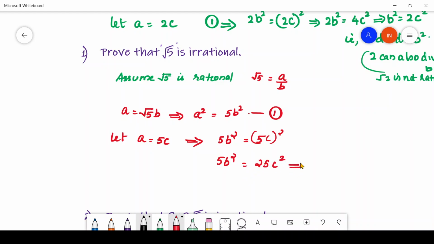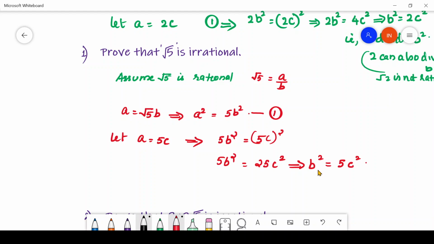That means from this you can understand that b square is equal to 5c square. So this shows that a and b can have 5 as a common factor. This is easily divisible, right? So why did we get this? Because we assumed that root 5 is rational.